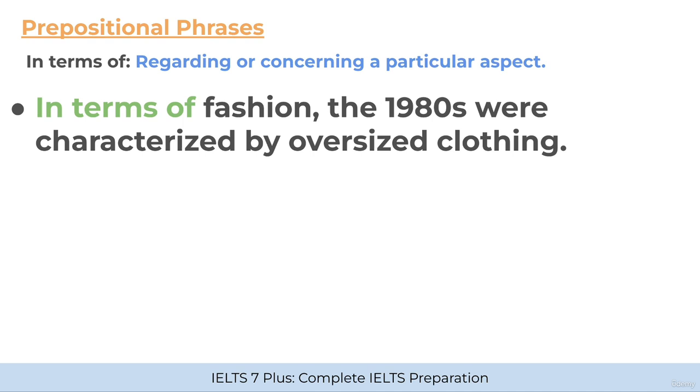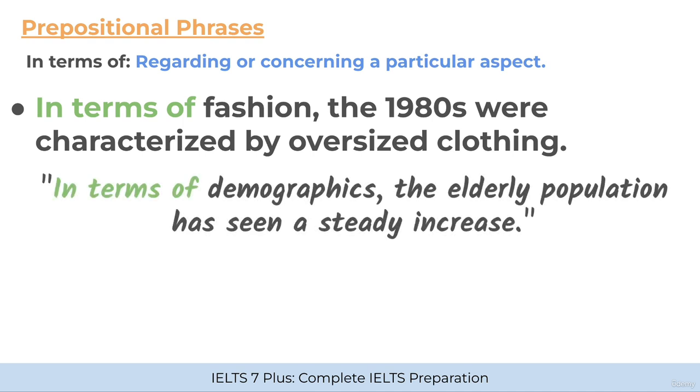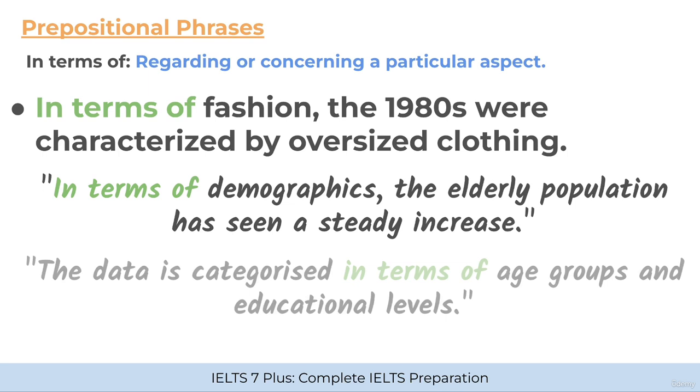So we're focusing on fashion, that's the aspect within the 1980s. You could say, in terms of demographics, the elderly population has seen a steady increase. The data is categorized in terms of age groups and educational levels.